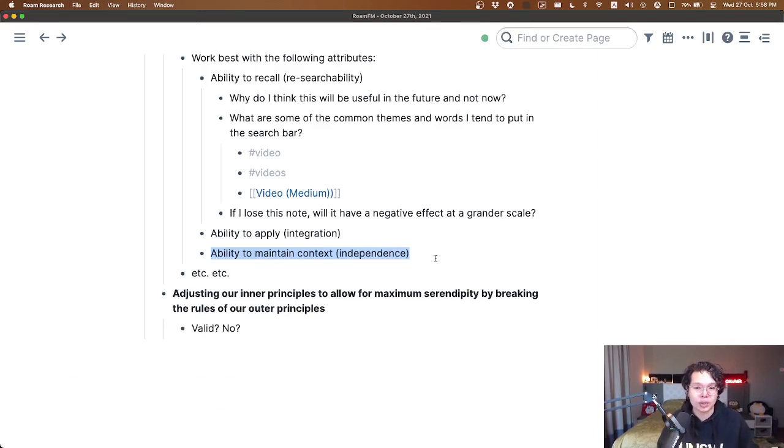Sometimes you just want to have notes where it doesn't matter if it's in a very closed context, in that I can't integrate it with anything else. It doesn't matter. If it's useful to me, if it's fun to me, if I appreciate it, then that's okay.